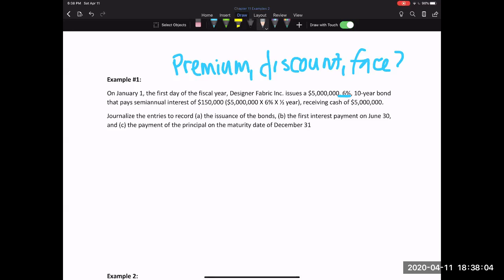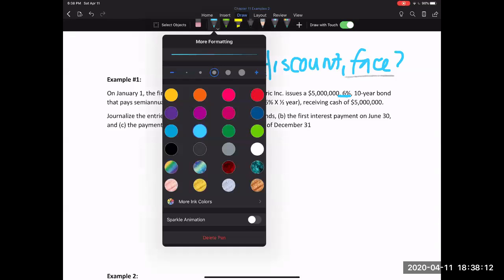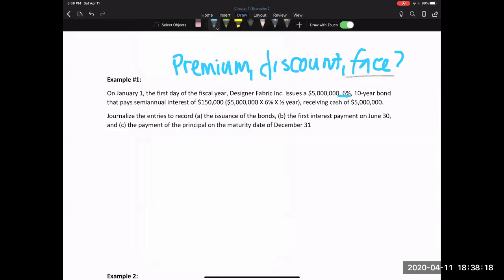So the reason we know, or the reason hopefully you have come to the conclusion, is that it's being sold at face amount, right? The reason why this is going to be sold at face amount is because we issued this bond at $5 million, and we also received the full amount for which we issued it.